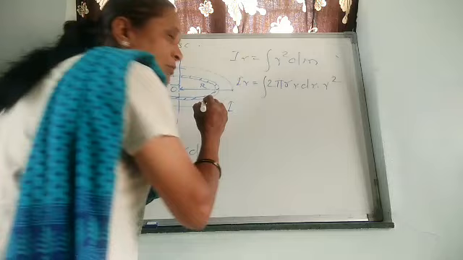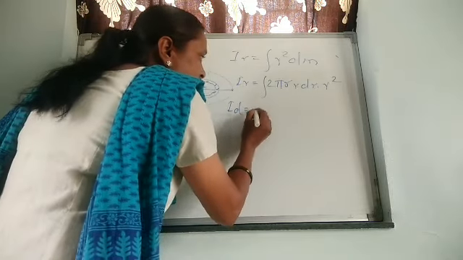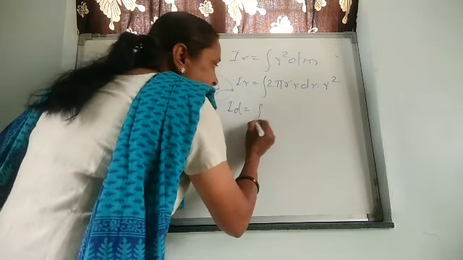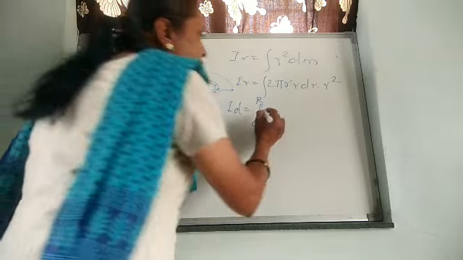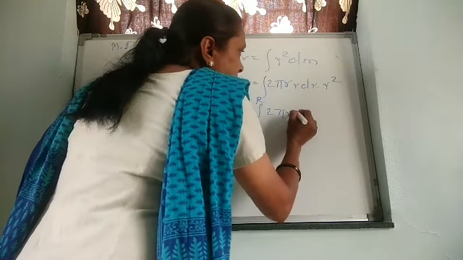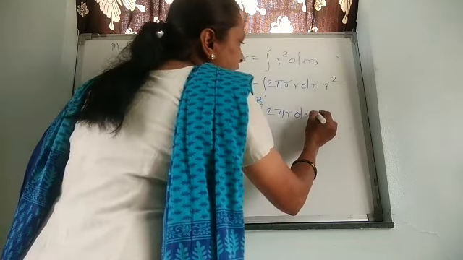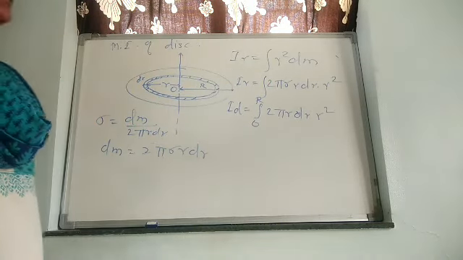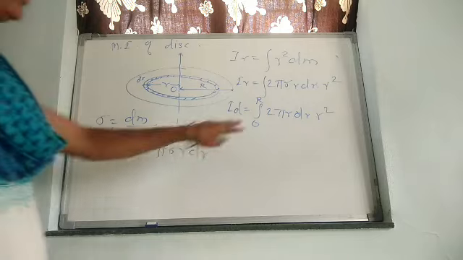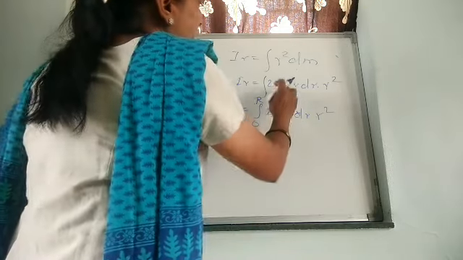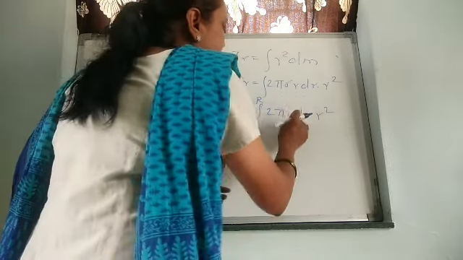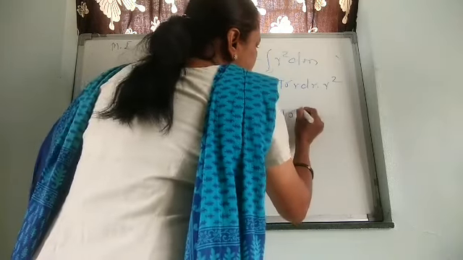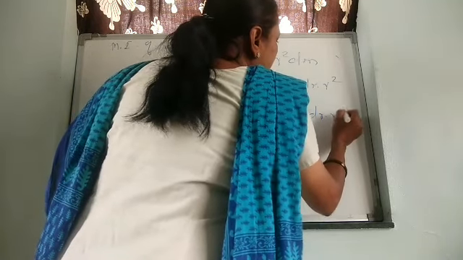Then we want to find the moment of inertia of the disk. I_D is equal to the integral, limit ranges from 0 to r, of 2 pi sigma r dr r square.